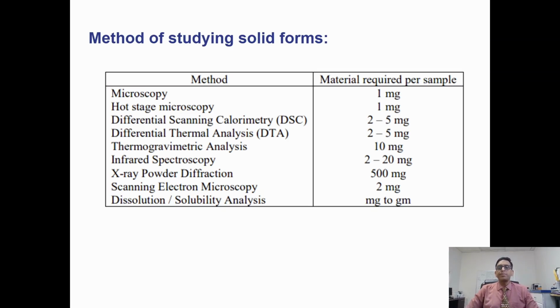For microscopic methods, we need 1 mg or less; hot stage microscopy 1 milligram; differential scanning calorimetry or DSC 2 to 5 milligram; DTA thermal analysis 2 to 5; thermogravimetric analysis 10 milligram; infrared spectroscopy 2 to 20 milligram; XRD 500 milligram; scanning electron microscopy 2 milligram; and for dissolution studies sometimes we need milligrams to grams.